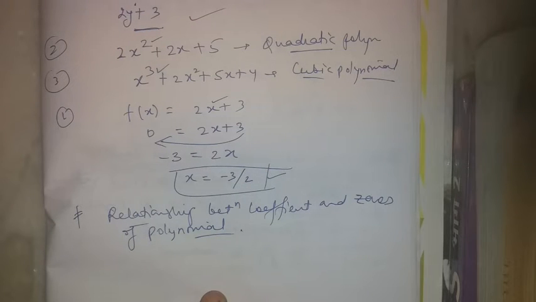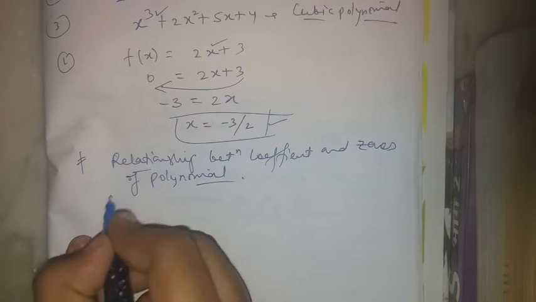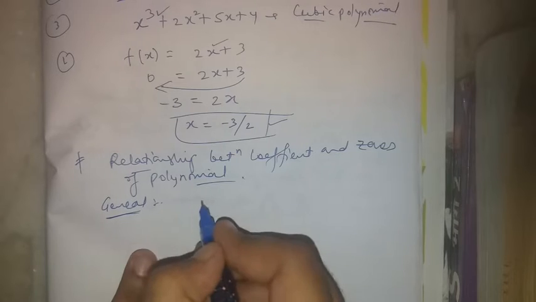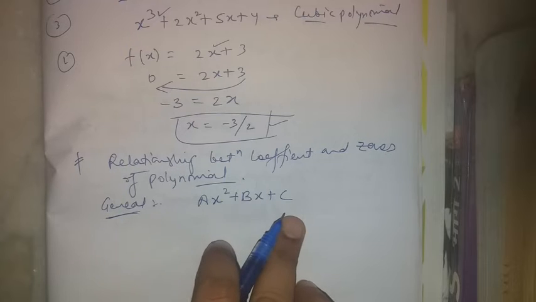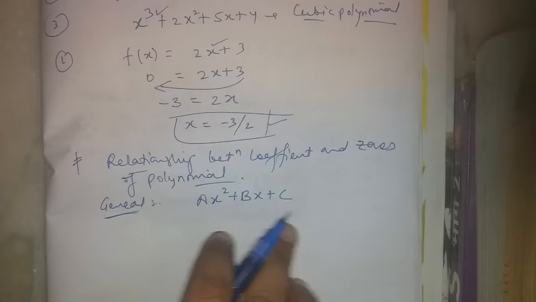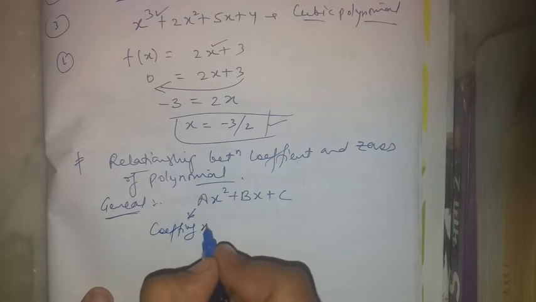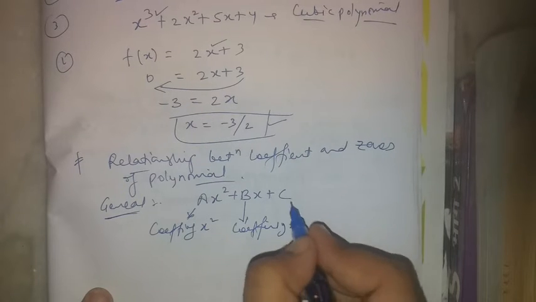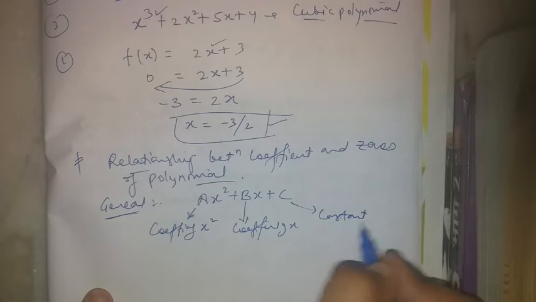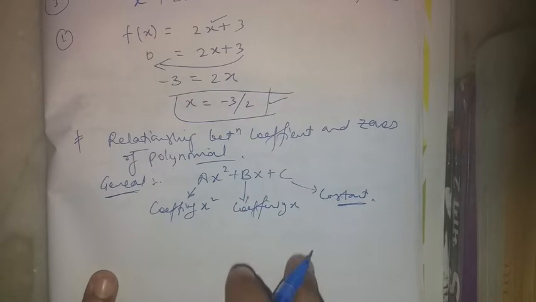Suppose you have a quadratic equation, the general form is ax square plus bx plus c. Here a is the coefficient of x square, b is the coefficient of x, and c is the constant.